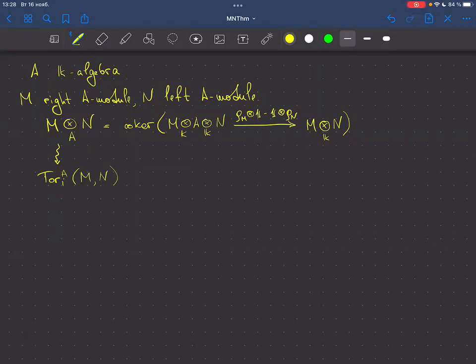Great. So now I want to dualize this picture. Suppose now A star is a K-coalgebra. Is there anybody who doesn't remember what a K-coalgebra is?